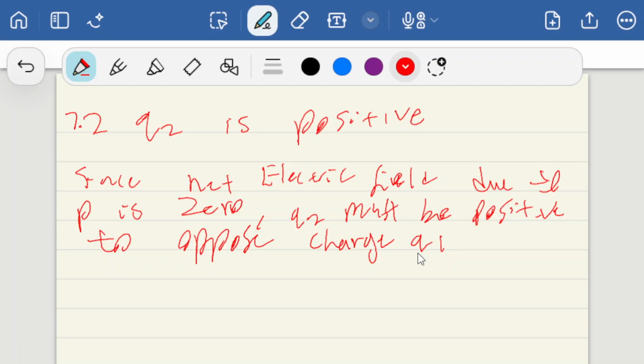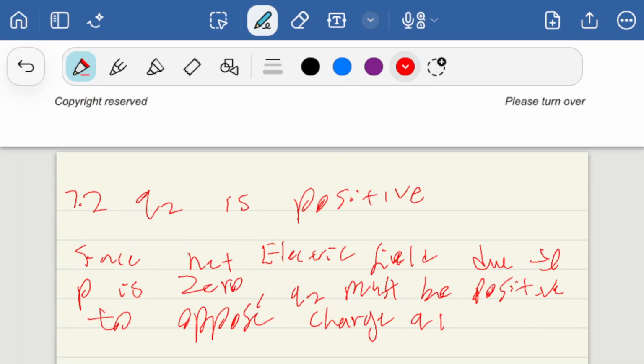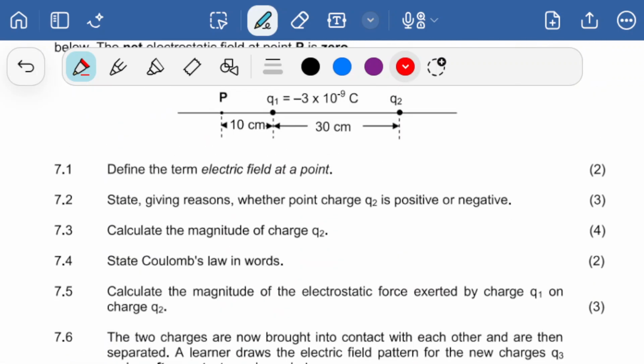So that is the reason I'm going to give.